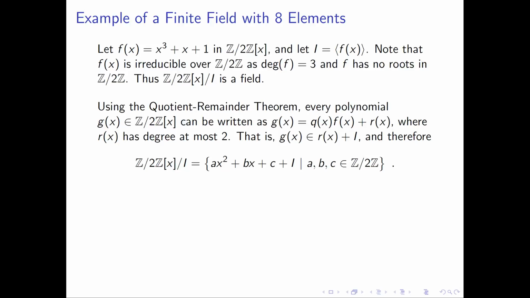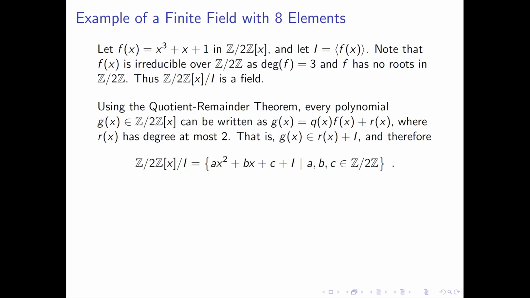According to this decomposition, we've taken an arbitrary polynomial and written it as a polynomial multiple of our specific polynomial f(x) plus a remainder. And so this arbitrary polynomial g(x) belongs to the coset r(x) plus I, where r(x) is that remainder.